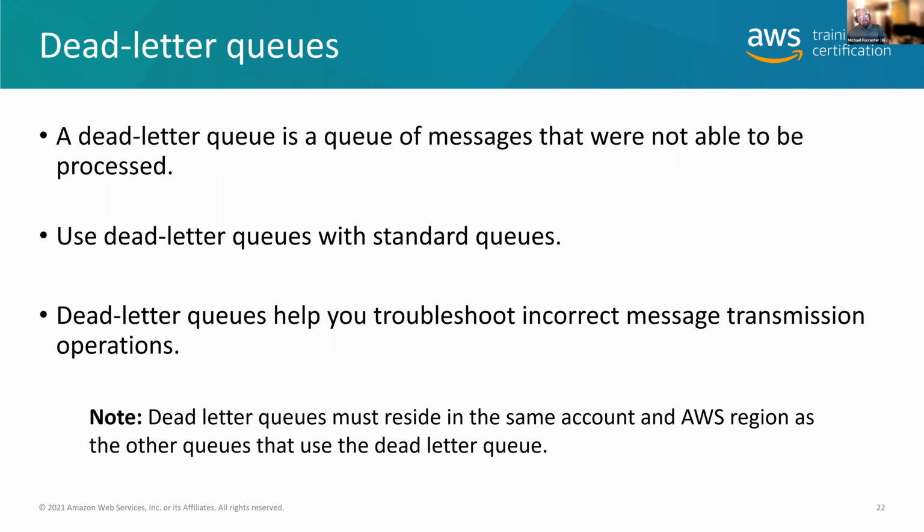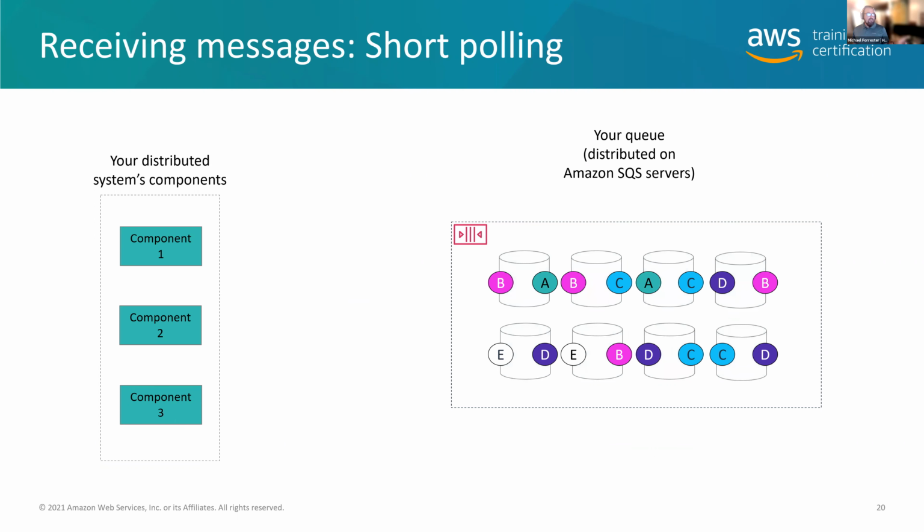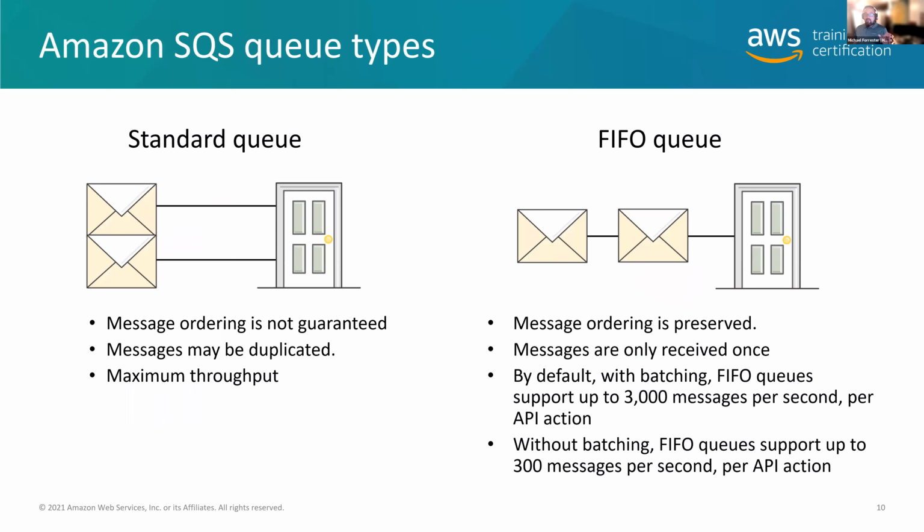Just to say this, with a FIFO queue, all the servers are aware of what the messages are. To go back to the FIFO description, just know that with FIFO, message ordering is preserved.